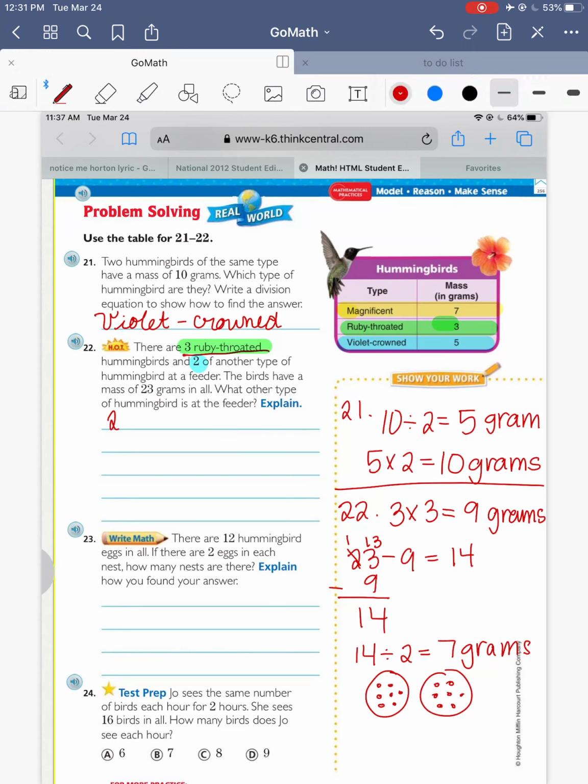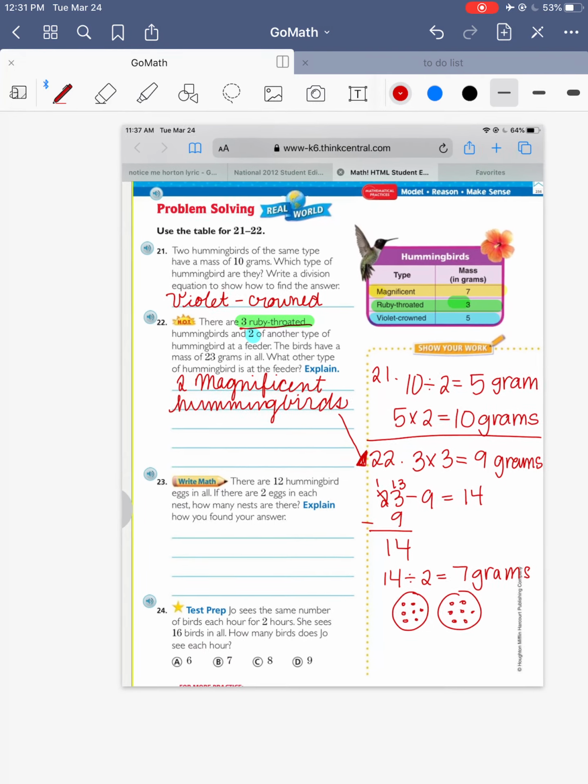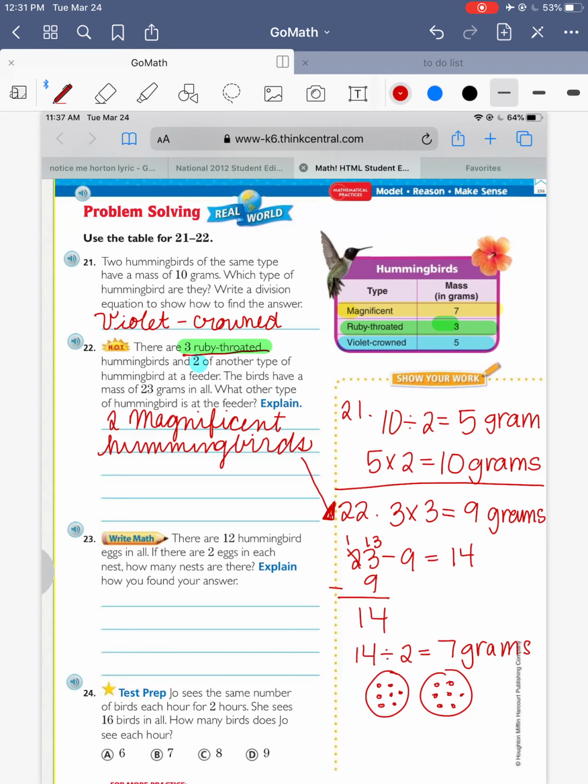And I need to capitalize that because it is a proper noun, so let me rewrite that with a capital. And it says explain, and we explained by doing the work over here. So your explanation is that written work over on the side, remember.